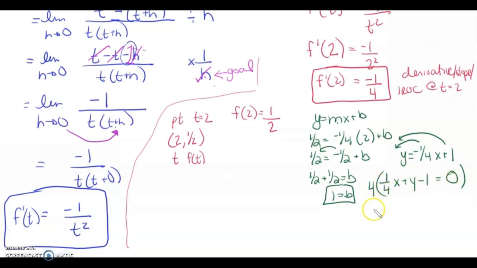So 4 times 1/4 is just 1, so that goes to x. 4 times y is 4y. 4 times -1 is -4, and then equals 0. So our equation is x plus 4y minus 4 equals 0. That is the equation of the tangent line at t equals 2.